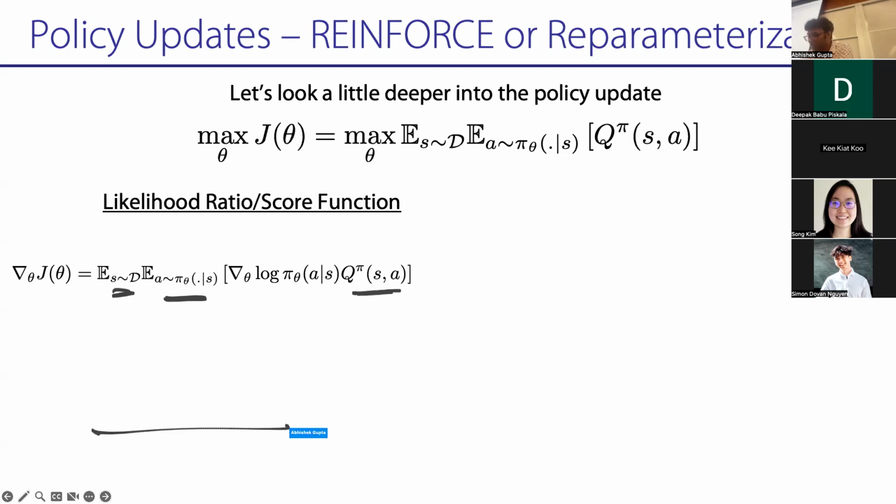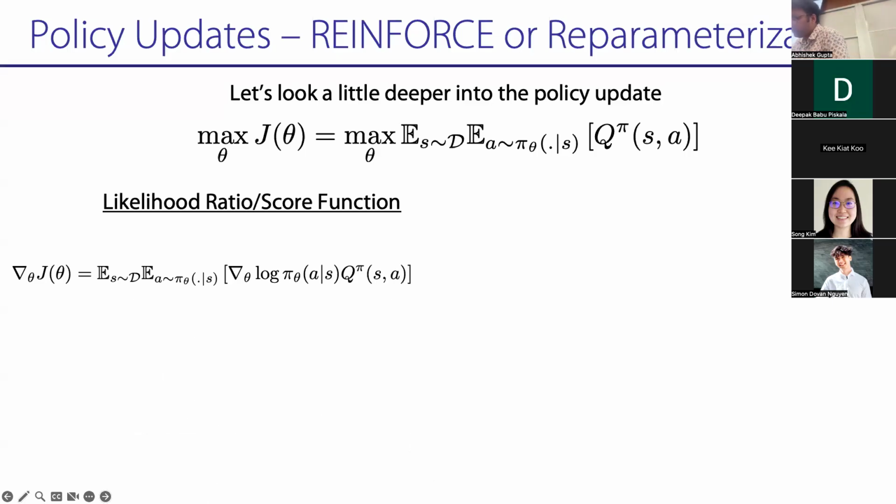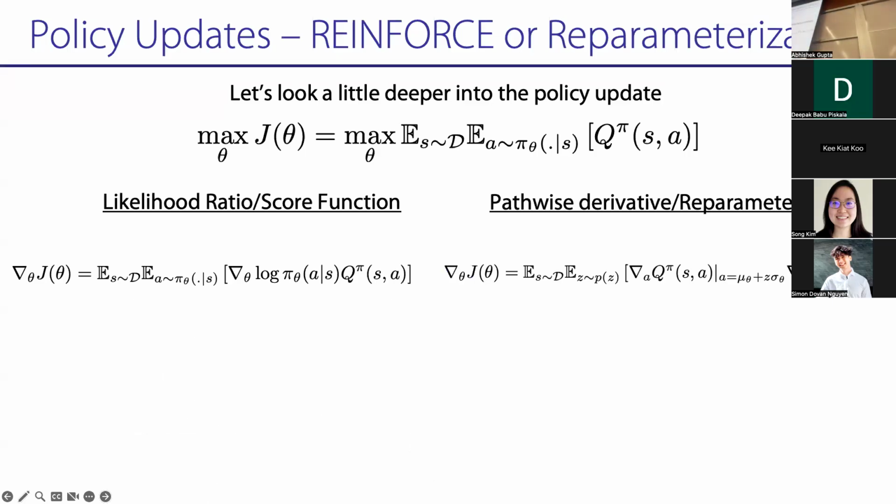So intuitively, for some state, let's say I sampled some actions, and let's say the Q function was like this. I'm going to increase the likelihood of these actions and decrease the likelihood of these actions. The same thing as policy gradient, but you're just replacing the sum of rewards with Q. Nothing else, right? So that's the first type of thing we're going to do.